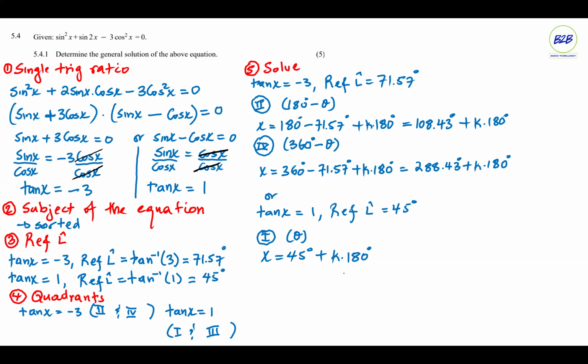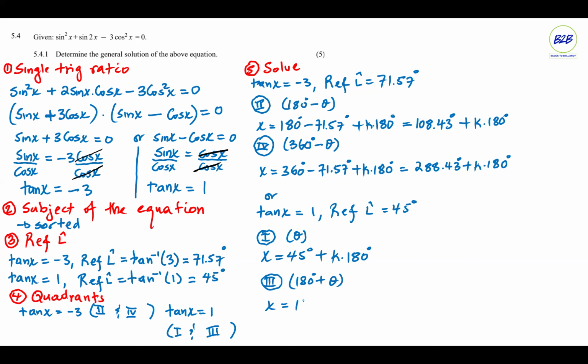Then we select the last quadrant, which is the third quadrant. What do we say there? We say x is equal to, which reduction formula do we have in the third? 180 degrees plus theta.